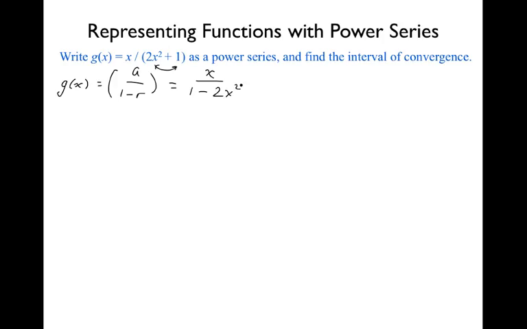Is that equal to what we started with? So how can I make this 1 minus, 1 minus negative? And now we got it, right? So basically I'm rewriting g of x as x over 1 minus negative 2x squared.